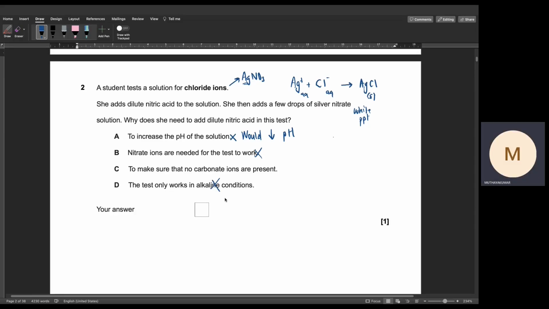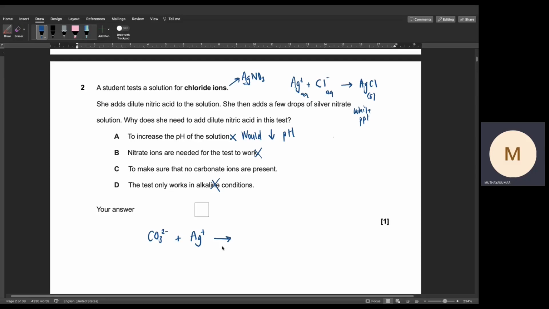Now, if we go back to C, already by process of elimination, we know that C is correct, but let's talk about why. To make sure that no carbonate ions are present. Now, carbonate ions, CO3 2- ions, if they are present in the solution and we add silver nitrate, i.e. Ag+ ions, the two would actually react.